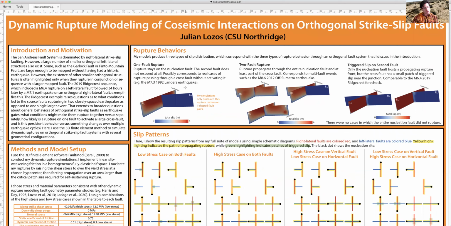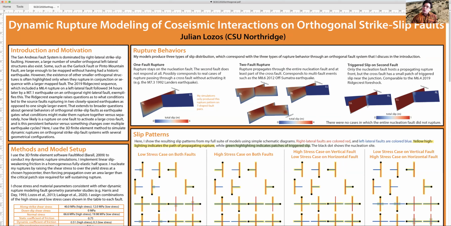So I have some ruptures that just stay on the nucleation fault and completely ignore the second fault. I have some two-fault ruptures that propagate from the nucleation fault onto part or all of the second fault, and I count even a partial one as a two-fault rupture.